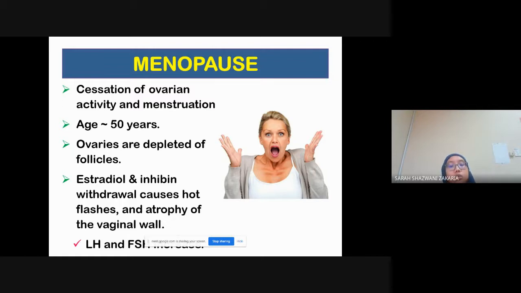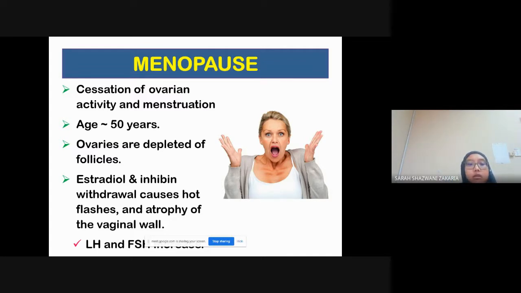As we grow older or we age, we get the monthly menstruation, and the monthly cycle, of course, develops follicles, right? So eventually the follicles will finish.